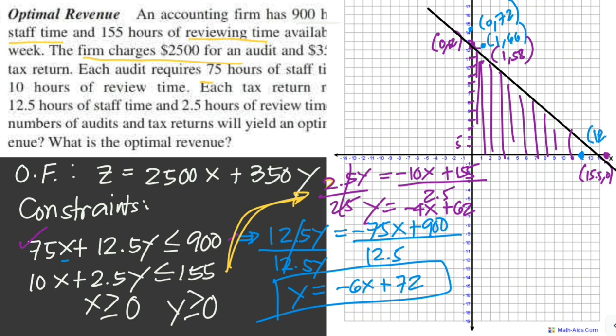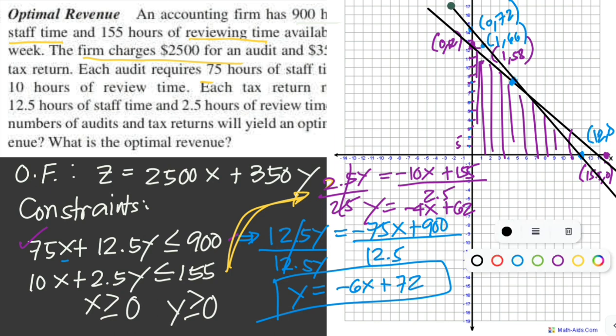And when x is 5, y is 42. So our line would look like this. It's not really that accurate. So say this is blue. All of the values below this line.